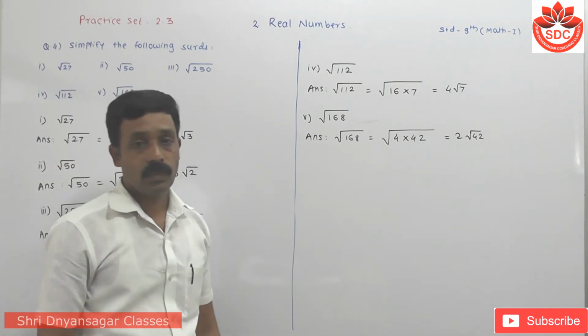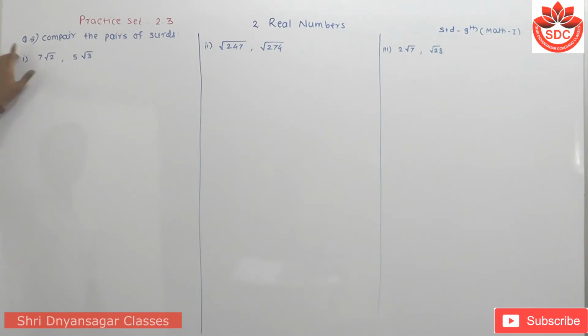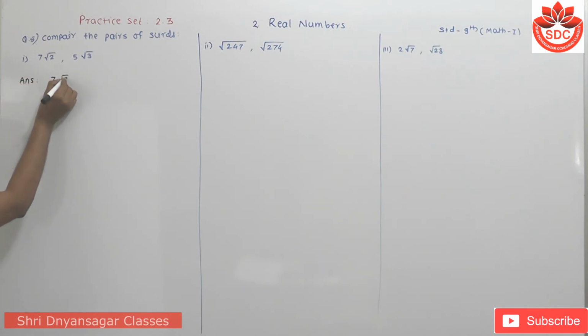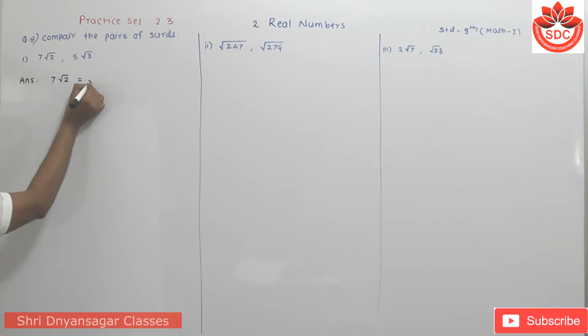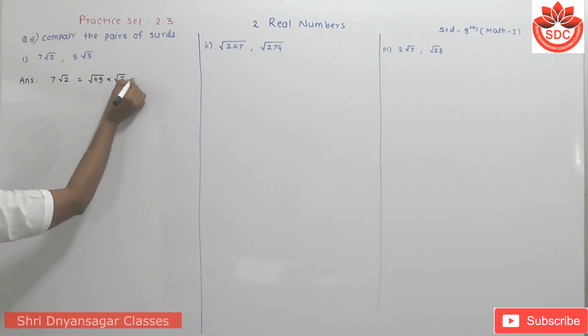Can you understand this? We see the next question. Question number 5. Compare the pairs of surds. Now, the first example is 7 root 2 and 5 root 3. The answer of this question is, first I have to write this 7 root 2 in such a way that 7 means root of 49 into root of 2.